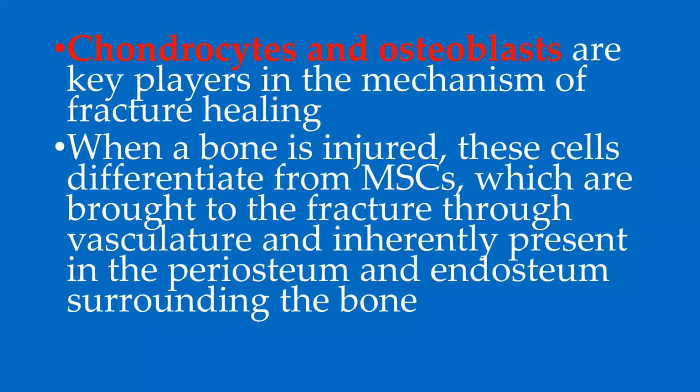When a bone is injured, these cells differentiate from mesenchymal cells, which are brought to the fracture through vasculature and inherently present in the periosteum and endosteal regions surrounding the bone. And this gives the name to periosteal bone formation and endosteal bone formation. Keep this in mind.